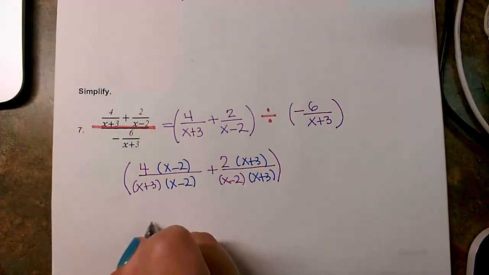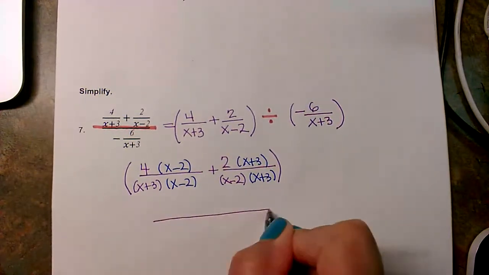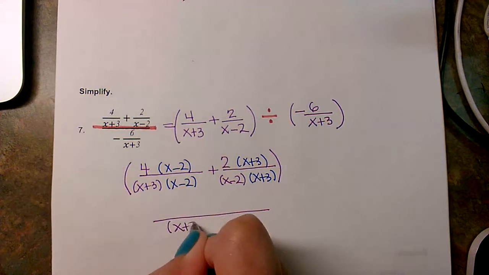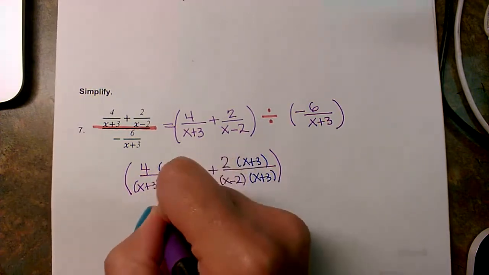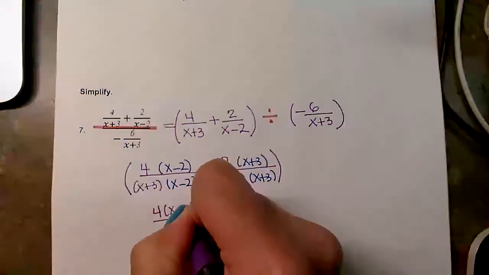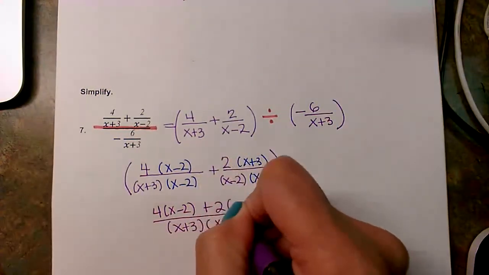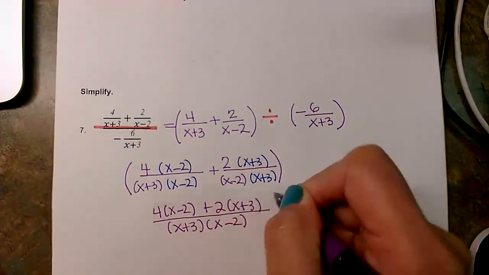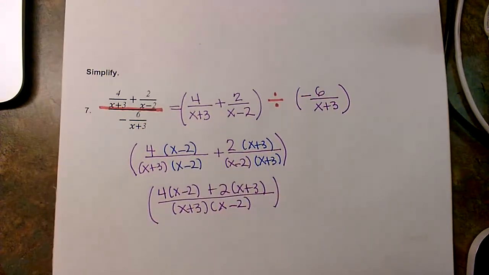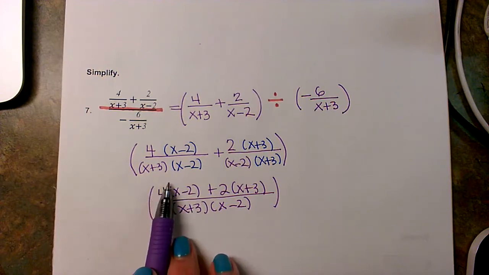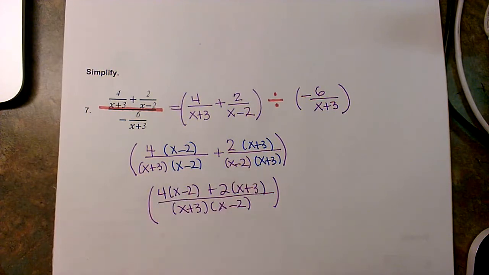So now what we have is x plus 3, x minus 2, and on the top I have 4 times x minus 2 plus 2 times x plus 3 times 3. Now I can have just one denominator since it's the same on both of them.